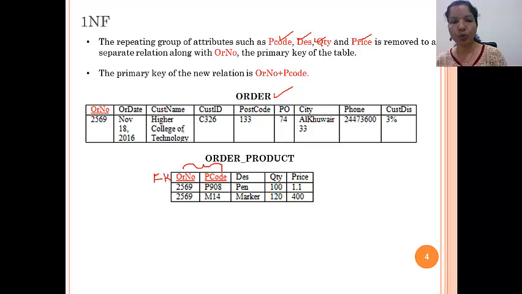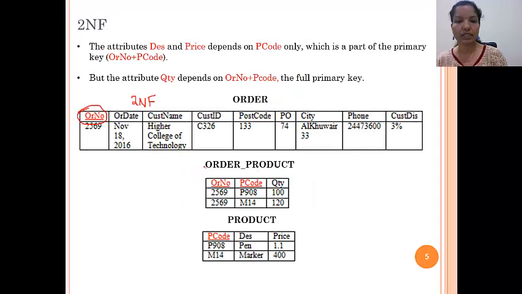Now let us go to this order product table. Check each of these attributes. We have to make sure that all these three attributes depend on both keys, not on one key. So first take the quantity.